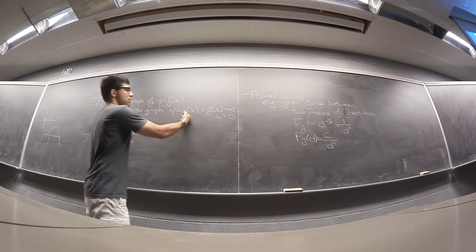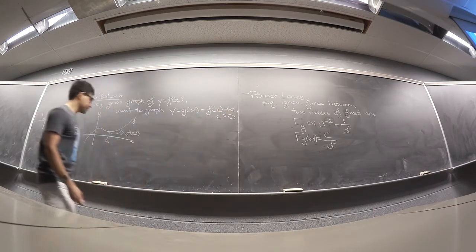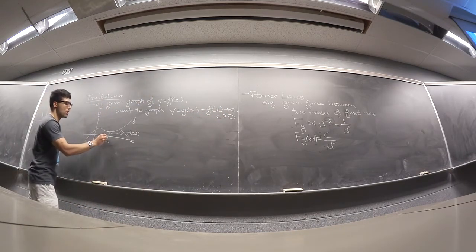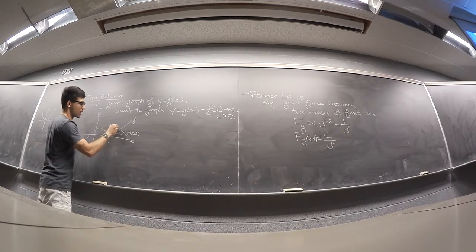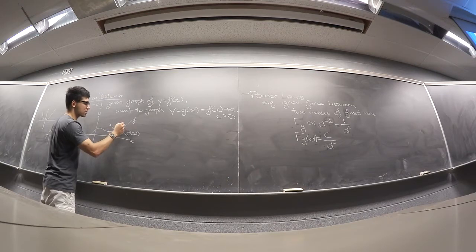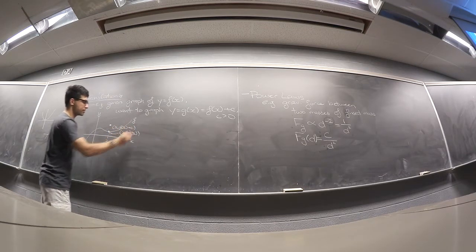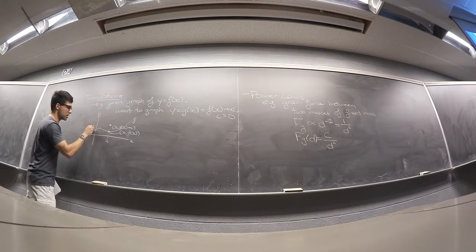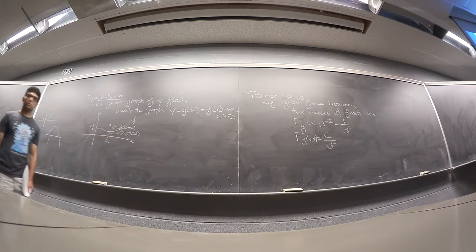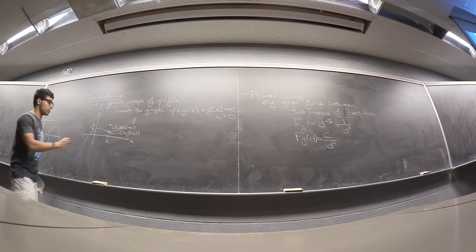What is g(x)? g(x) is f(x) plus c. So g has on it the point (x, f(x) plus c), which is just c up. That distance is c, just c units up.